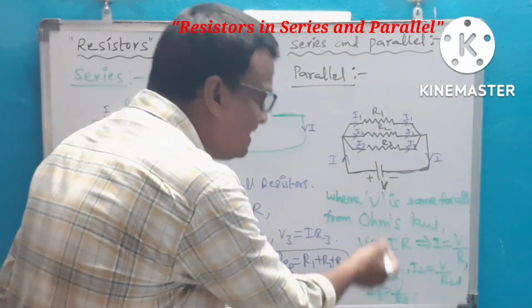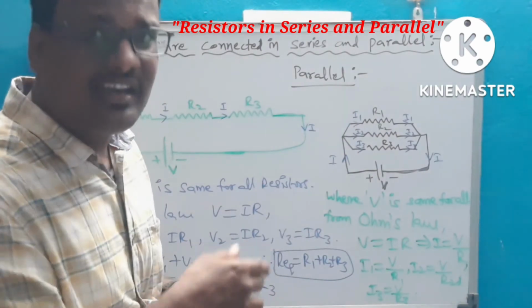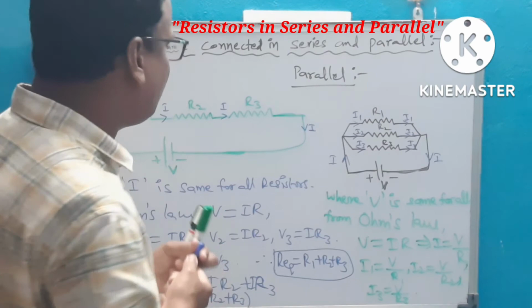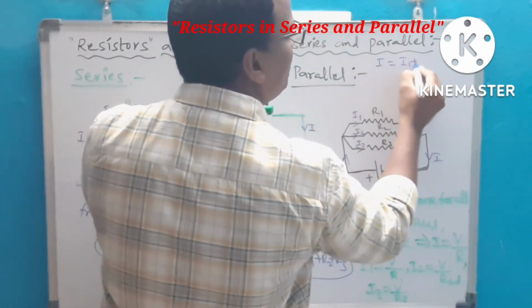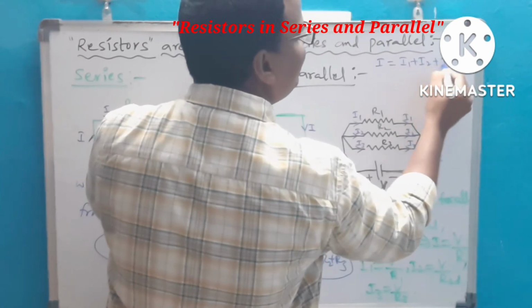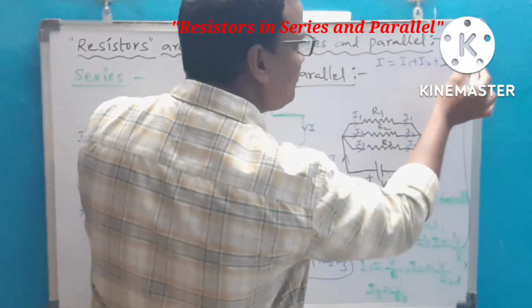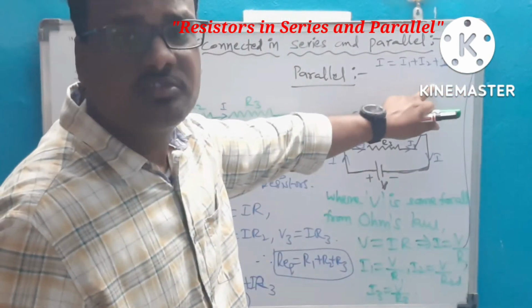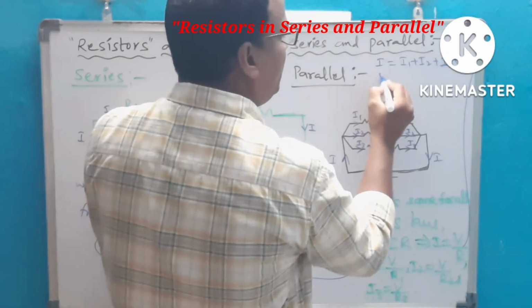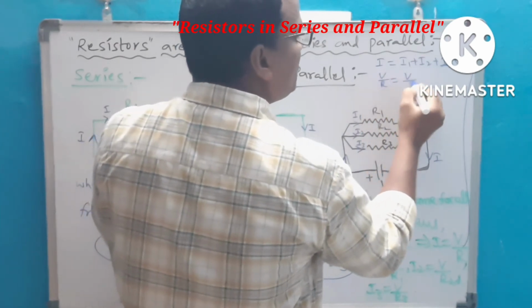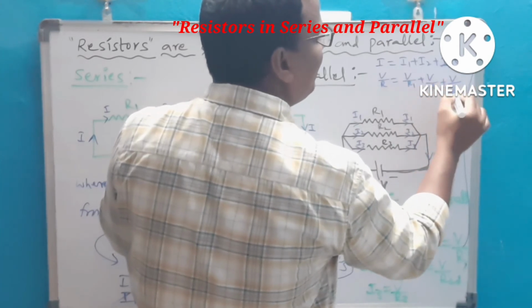But here the current splits into three different currents. That's why I equal to I1 plus I2 plus I3. Now substitute all these values in this equation. Then what do we get? V by R equal to V by R1 plus V by R2 plus V by R3.